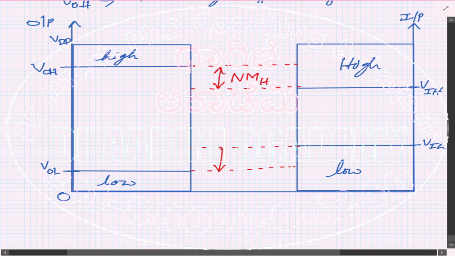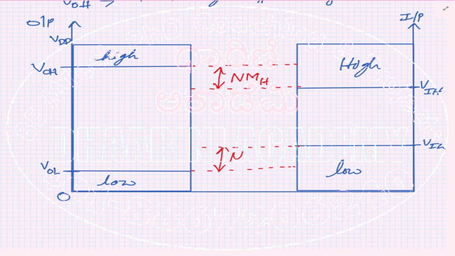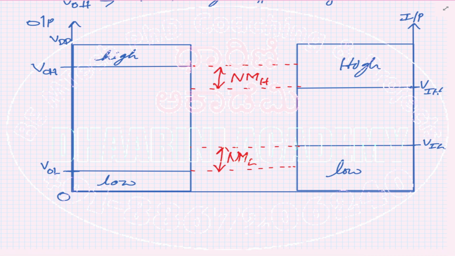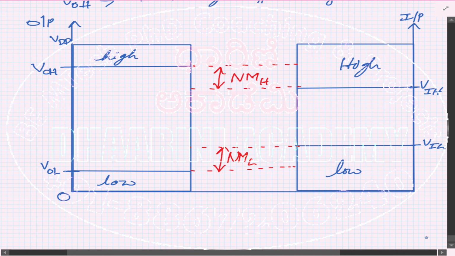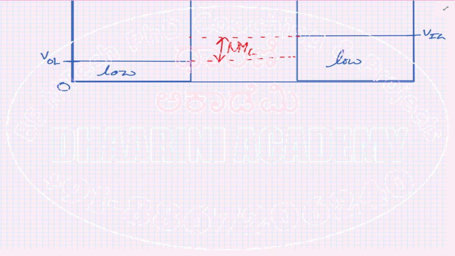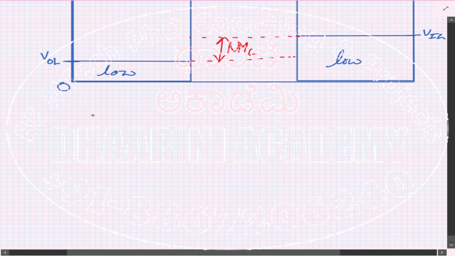Same thing, this is the noise margin NML. Okay, so using this graph, you can very easily identify what the noise margins are. Again, theoretically, it can be proved that the typical values can be identified like this.